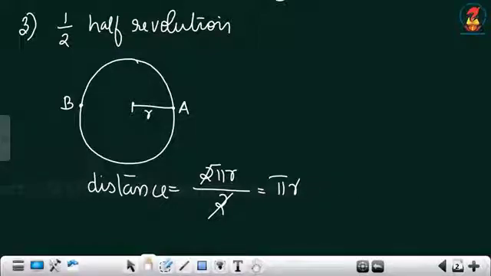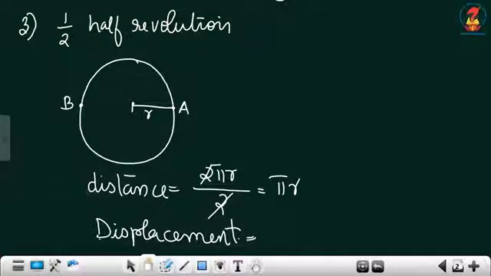Now, displacement. How will you find displacement? Straight line distance between A and B. Suppose I am drawing a straight line from A to B. So that is the displacement.